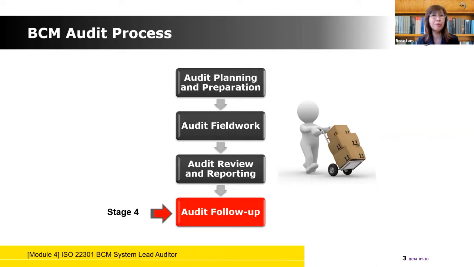Audit review and reporting is where you will document the findings and eventually come up with that report. So that is the first three stages of the audit process. And finally, after the report is out, that's where the follow-up will need to come in, which is the final stage 4.